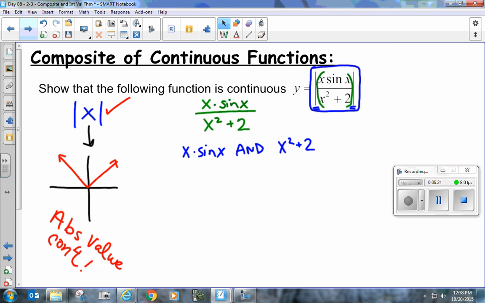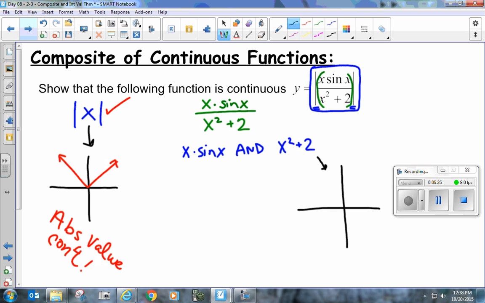X squared plus 2 is easier. If I look at this graph, that's really a parabola that just moves up 2. And as long as there are no exceptions, parabolas are continuous. Check. So my denominator is continuous.